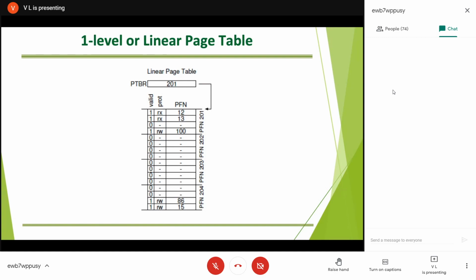The virtual page number will index into the corresponding entry in the page table, and whatever physical page number is stored there will be concatenated with the offset to get the actual physical address. This is what we discussed in the previous class.